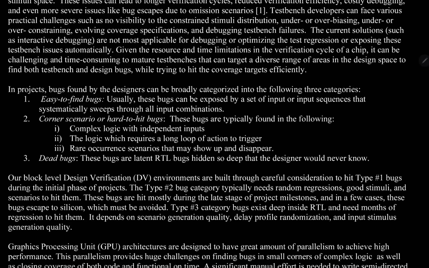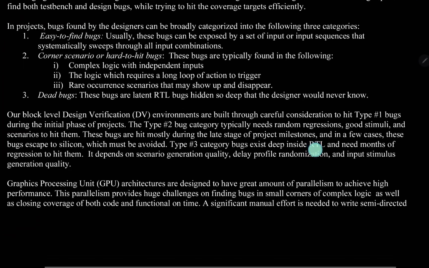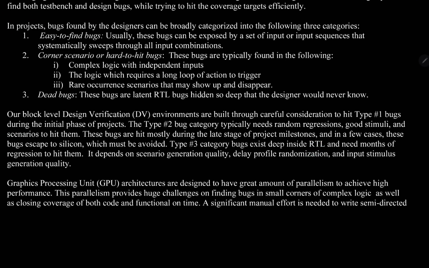3. Data bugs. These bugs are latent RTL bugs hidden so deep that the designer would never know. Our block-level design verification environments are built with careful consideration to hit type 1 bugs during the initial phase of the project. The type 2 bugs typically need random regression with stimuli and scenarios to hit them.